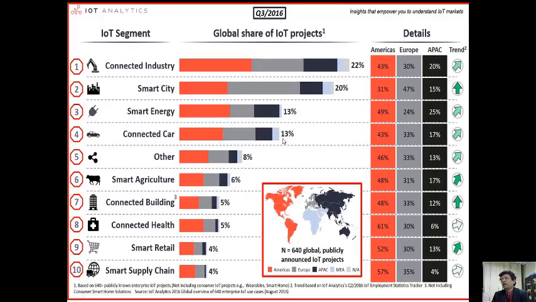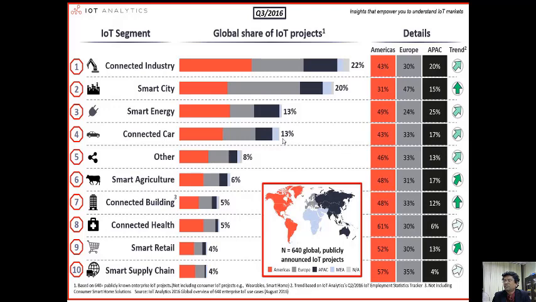So if you look at the IoT segments, this is the quarter 3 2016 result from IoT Analytics. The connected industry takes around 22%. Smart city market is around 20%. Smart energy is 13%.